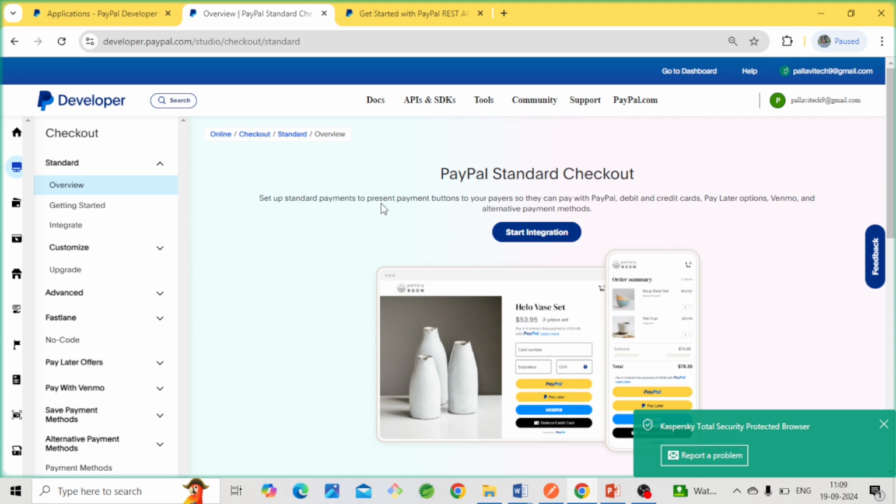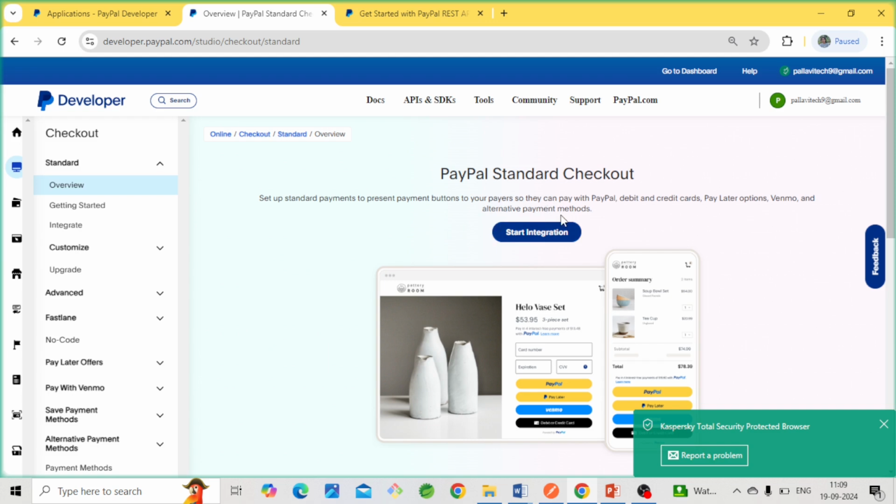Overview: in a PayPal standard checkout, you set up standard payments to present payment buttons to your payers so they can pay with PayPal, debit cards, credit cards, pay later options, Venmo, and alternative payment methods.